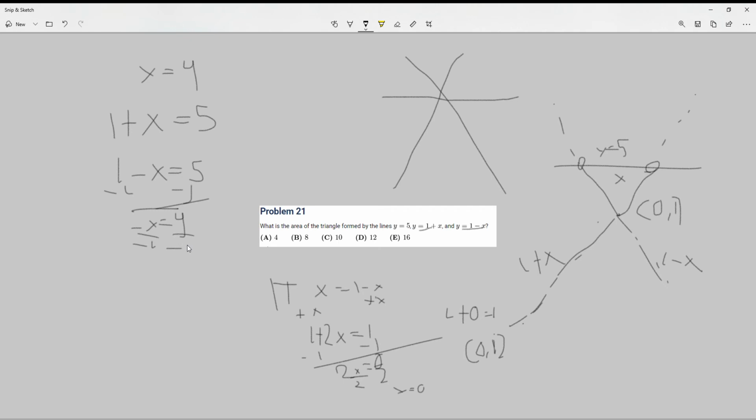Divide both sides by negative 1. Wait, x is equal to negative 4. So x is equal to negative 4 and x is equal to 4. Since we know our y and our x, we have (4, 5), and we also have (negative 4, 5).